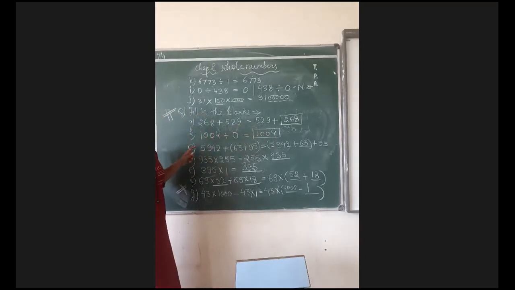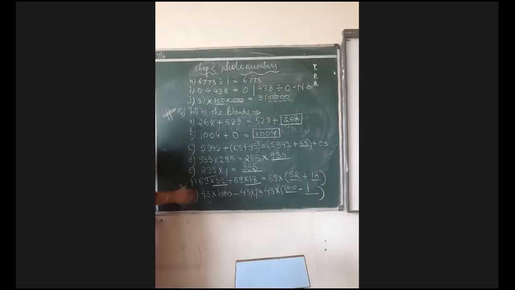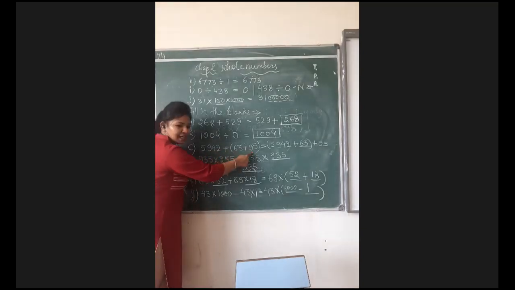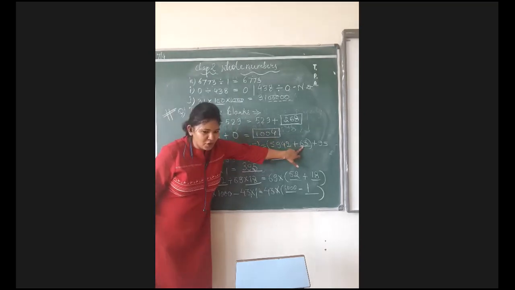Now question number C. 5,942 plus 63 plus 95. And if you see here, one number was missing over here.